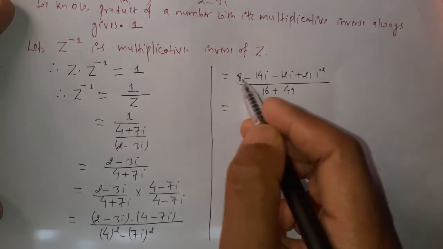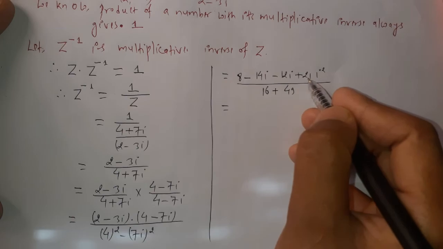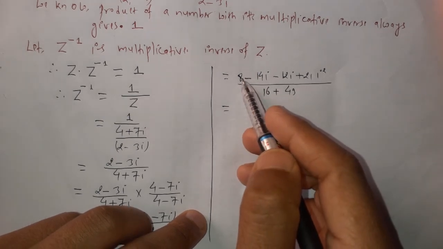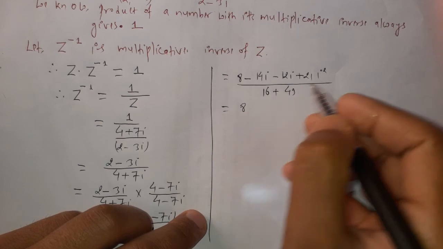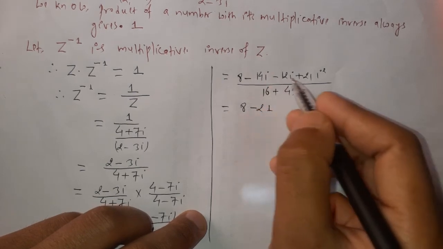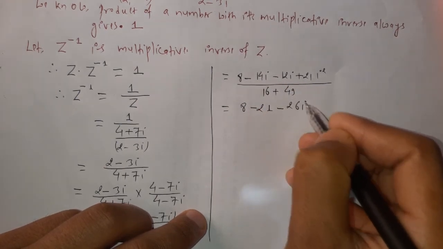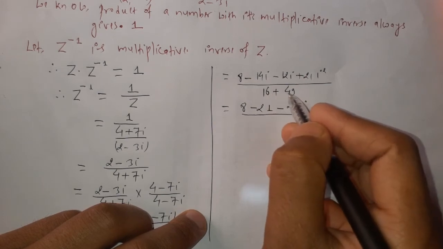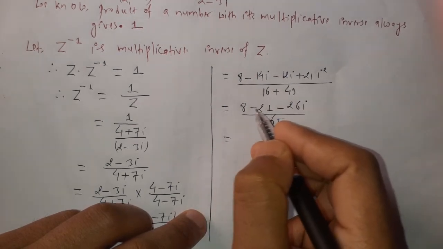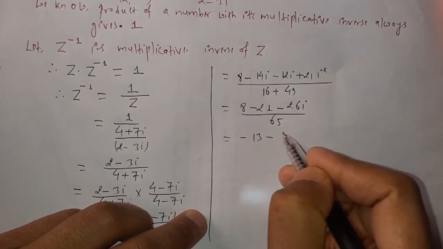In the numerator, collecting like terms, 8 plus 21 i squared gives negative 21, so 8 minus 21 is negative 13, and negative 14i minus 12i adds to negative 26i.